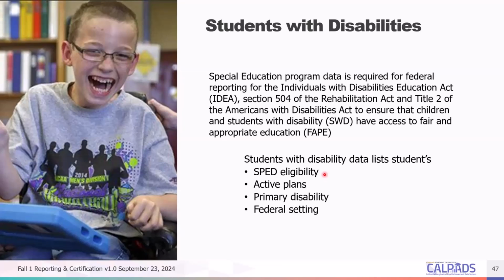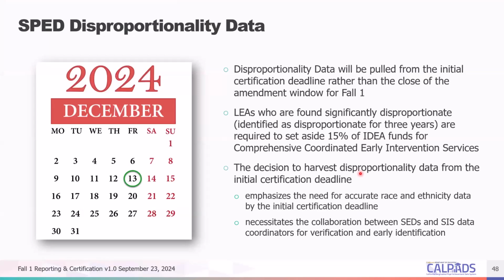And then a plan should also be reported, which makes them an active student with disability. And then, of course, you would also indicate the primary disability and the federal setting. So the information from those 4 file types will then be included and reported in compliance with the federal requirements as well as the state requirements.